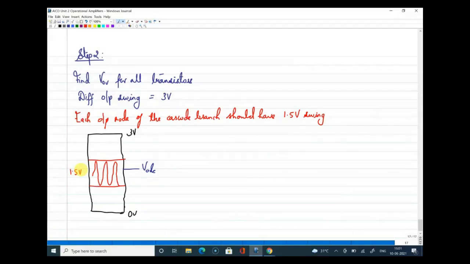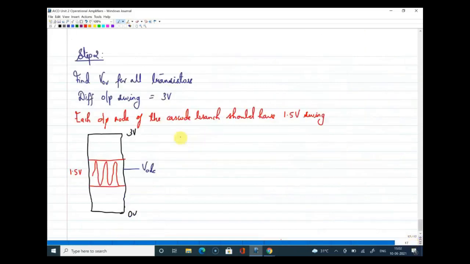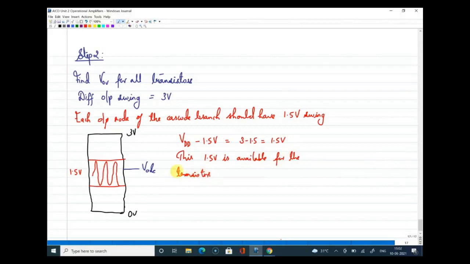All right. So what is the takeaway from this? If you are allocating 1.5 volt of the output voltage to swing, the rest of the 1.5 can be utilized for the transistors in the stack. Meaning, VDD minus 1.5 volt, that is 3 minus 1.5, which is again equal to 1.5 volt, and this 1.5 volt is available for the transistors in each cascode branch.